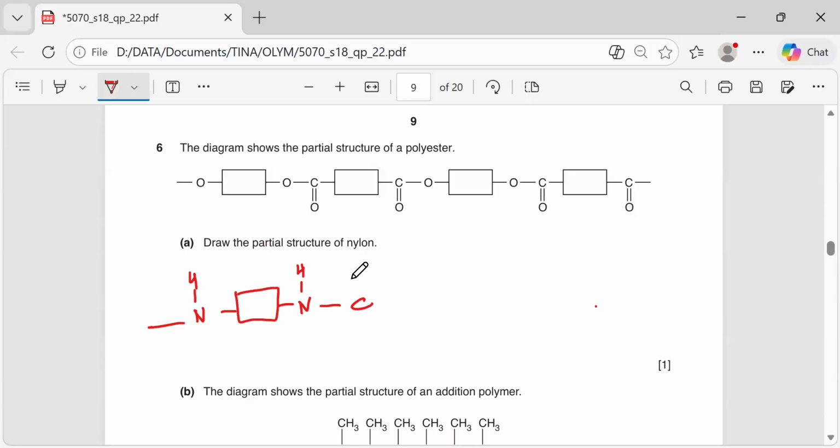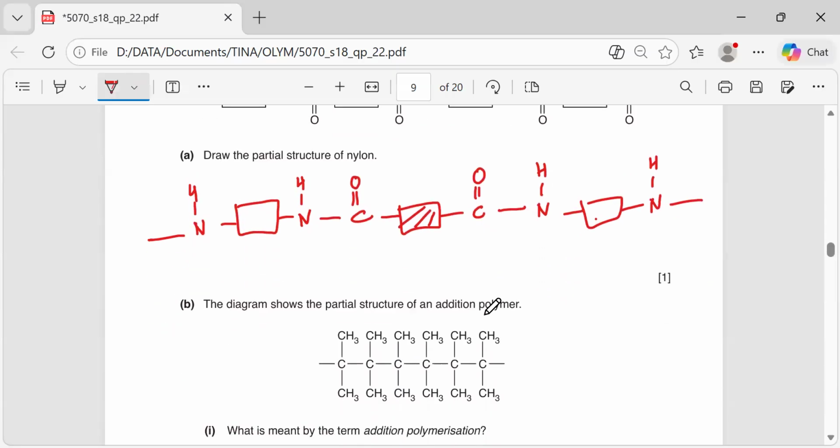You can draw up or down, doesn't matter. Okay, can.